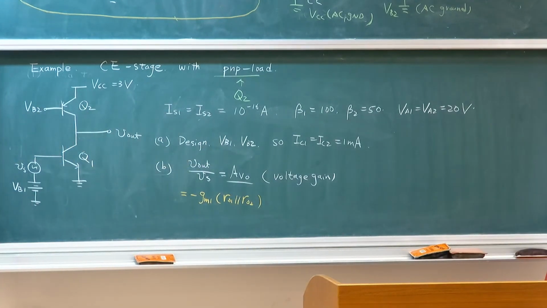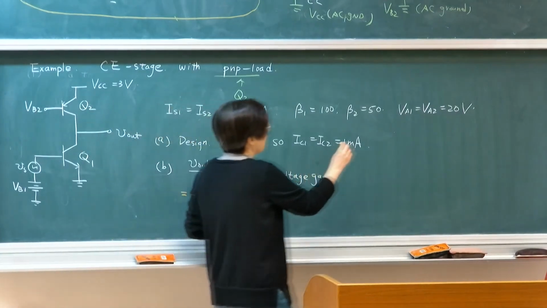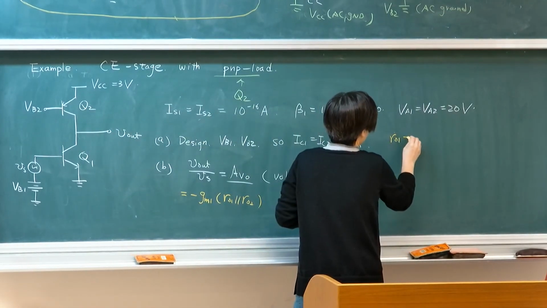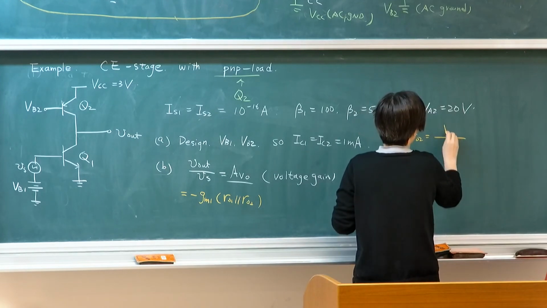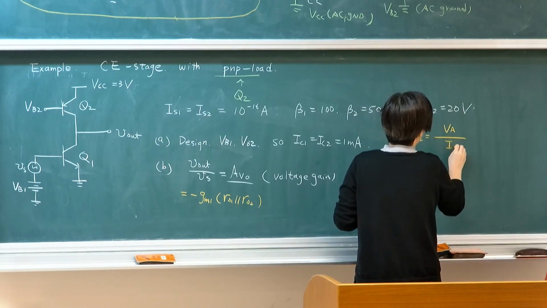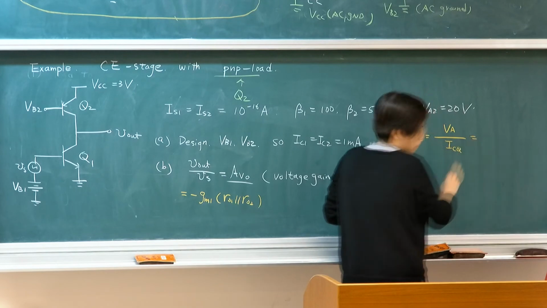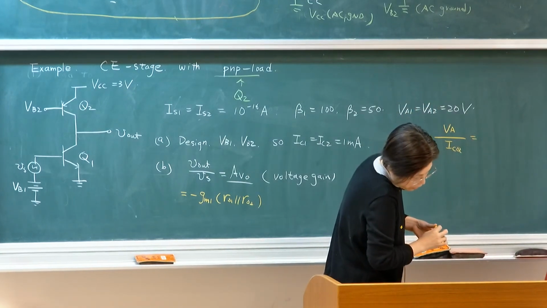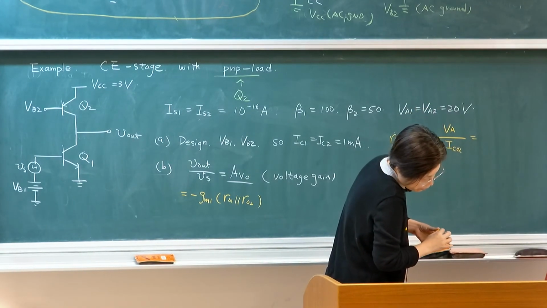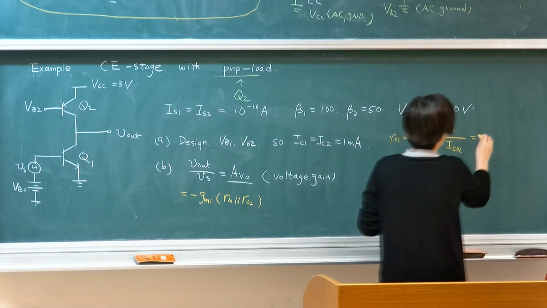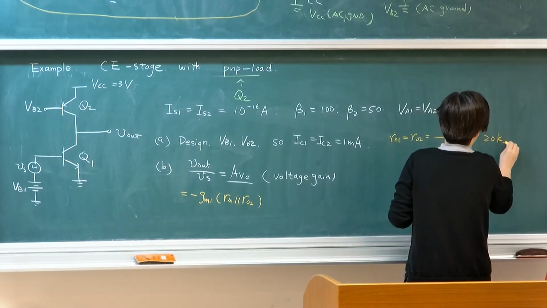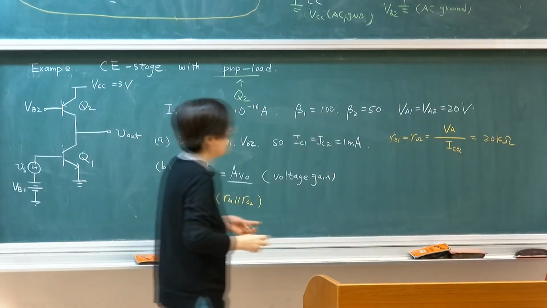Because they have the same current and the same voltage, RO1 equals RO2, which equals VA divided by ICQ. This will give me 20K, with 20 volts. Okay?